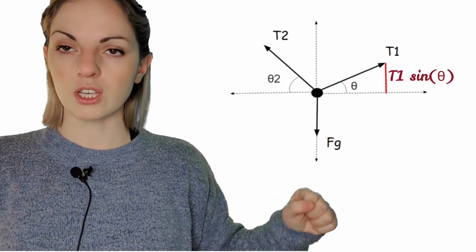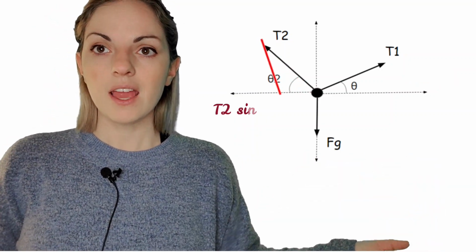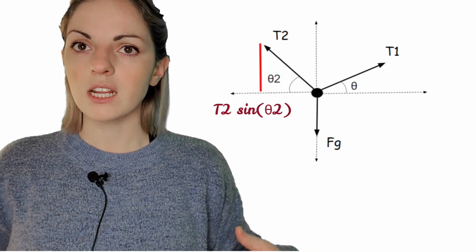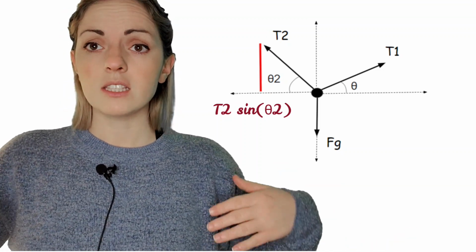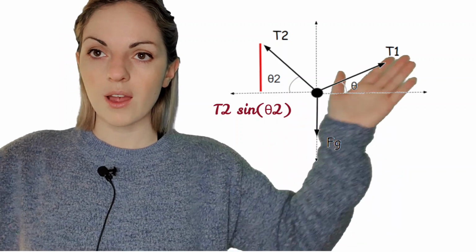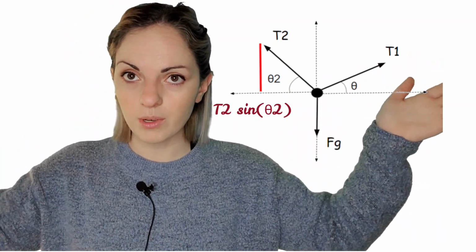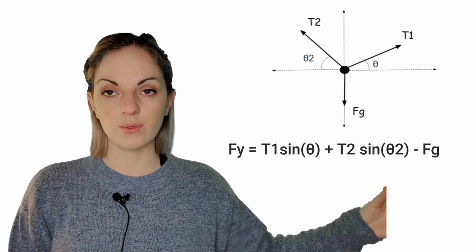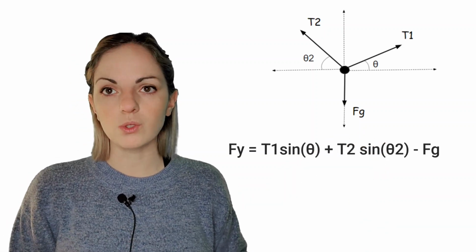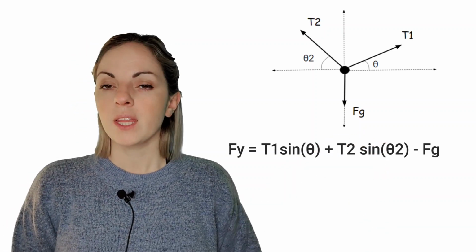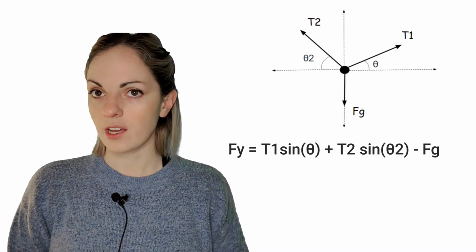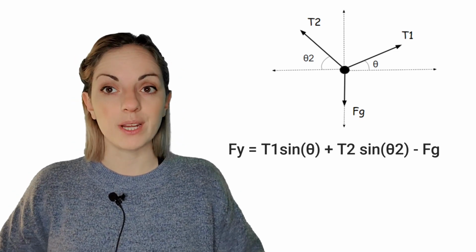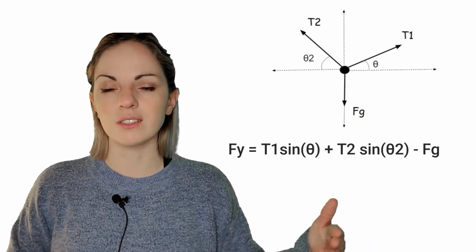So my T1 sine of theta, and then for my T2, am I going positive or negative? It's still going up, so both tensions are going up, so it's positive. So I have T1 sine of theta plus T2 sine of theta 2. And my F of g is just a vertical component, but it's going down, so it's minus Fg.